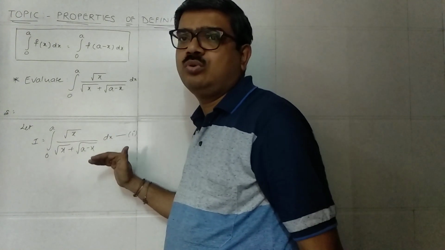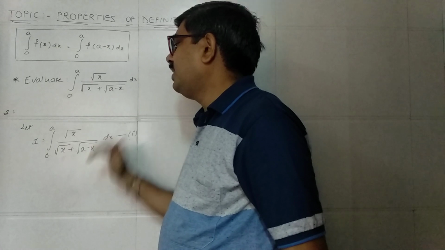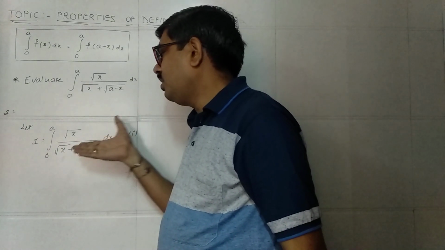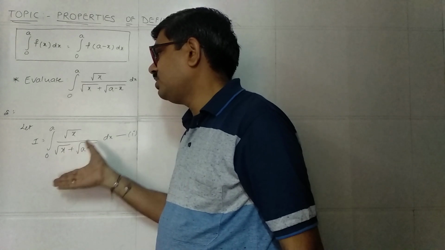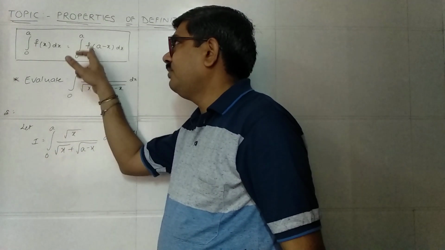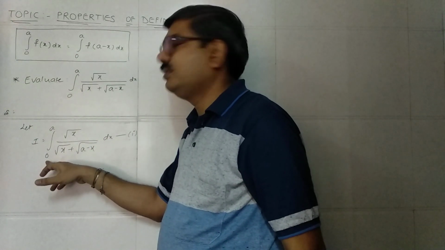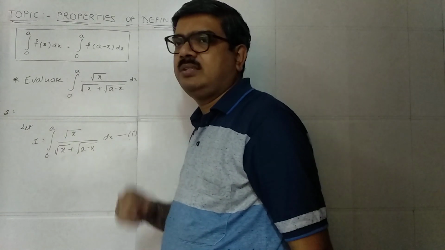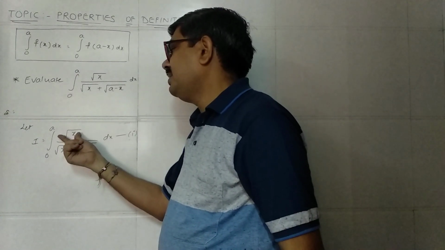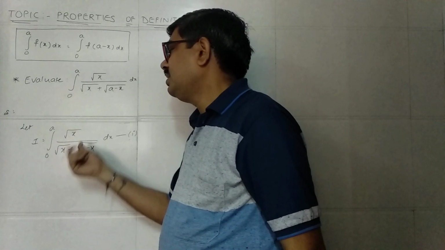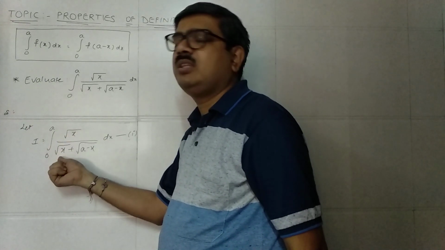So that you can come to know when you have to apply this property. Here, see the question, the lower limit is 0. As I told you, if you want to apply this property, in the integral the lower limit must be 0. And the main thing is that whatever term is there in the numerator, that term must also be there in the denominator.